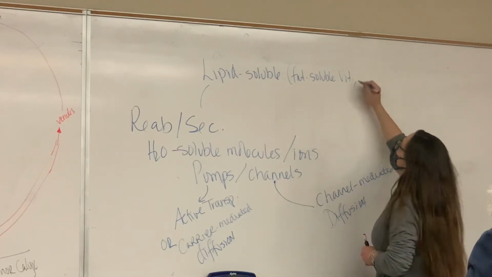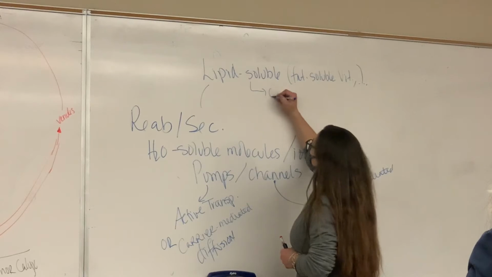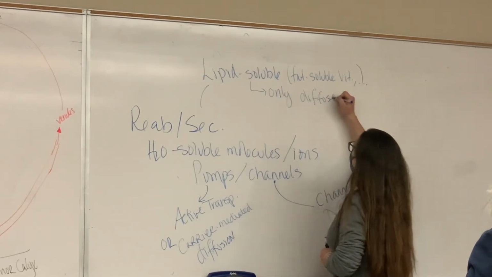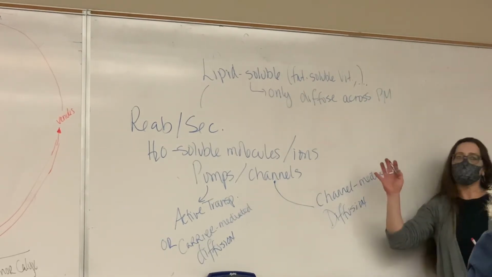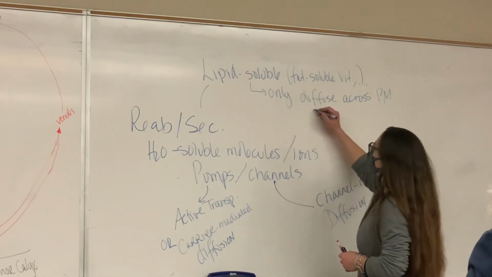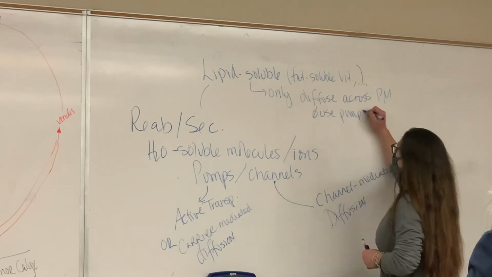But things that are lipid soluble, these things can only diffuse across the plasma membrane. You can't actively transport these things that are lipid soluble. They only diffuse, and they don't use pumps or channels.